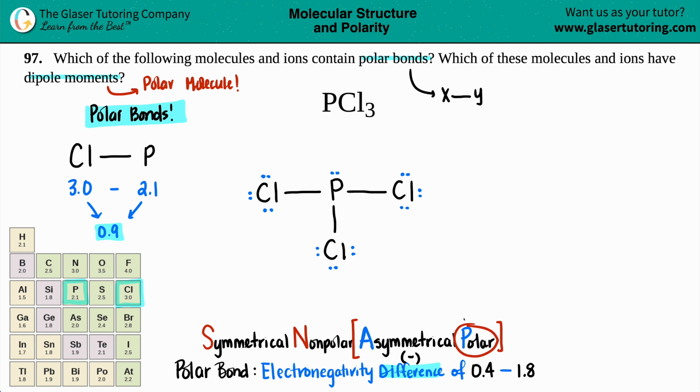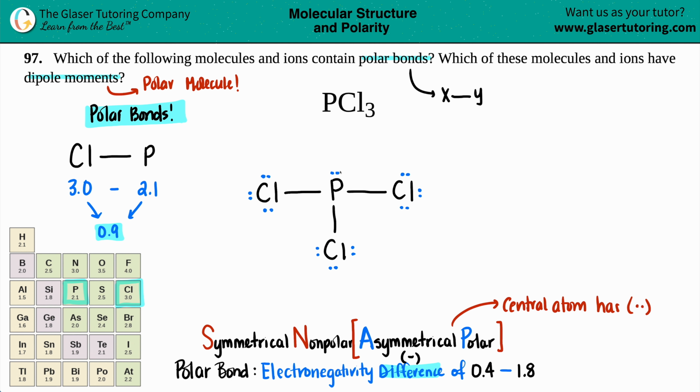If a molecule is polar, it is asymmetrical. It's not the same on all the sides. But some of you might say, well, it looks the same, right? All the bonds are to chlorine. But there's a trick to always know when you've got a polar molecule: if your central atom, in this case phosphorus, has dots, it is automatically polar, no exception.